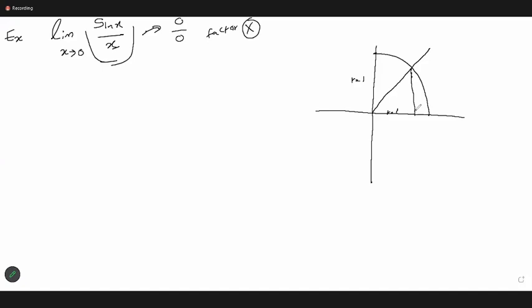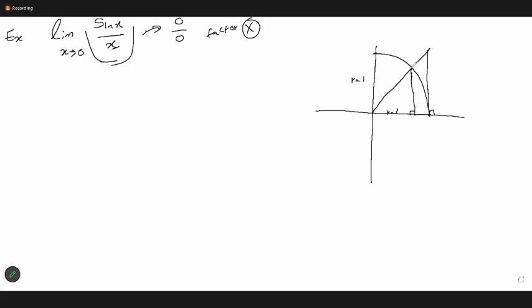The second one is this one. These lines are perpendicular to here, right?